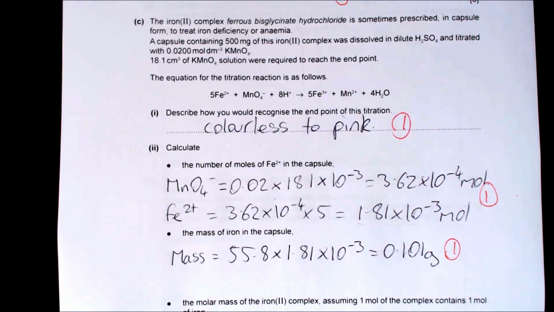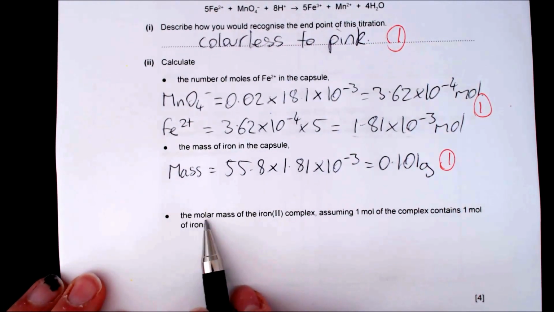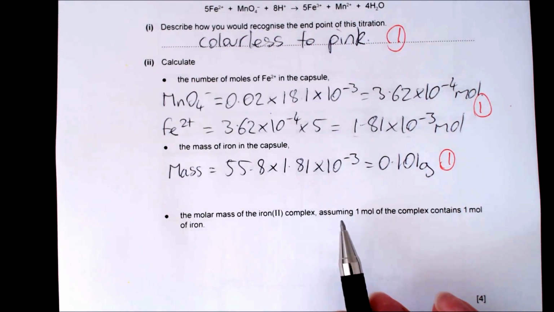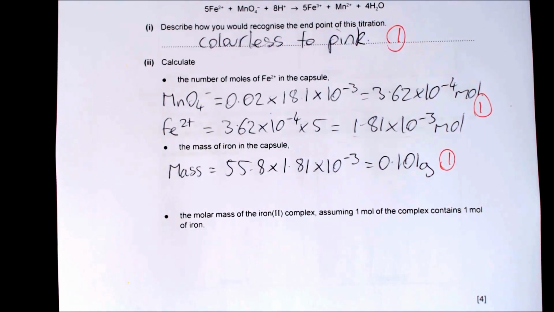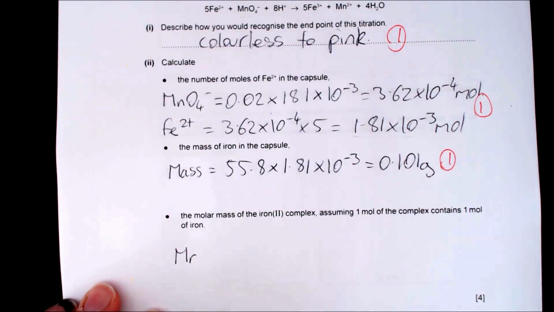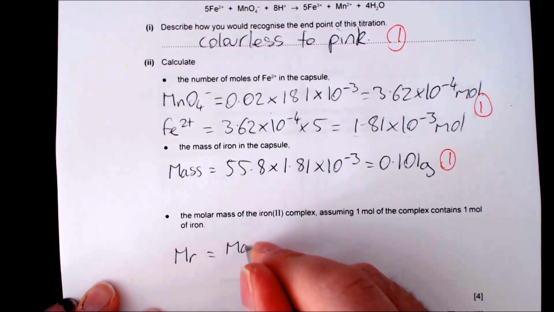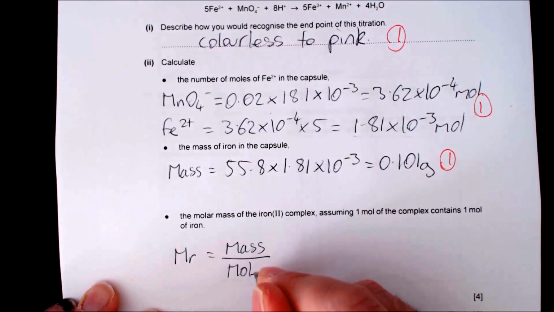Right, and then the final step, what they want you to do, let's just nudge that up. Okay, it says the molar mass of the iron 2 complex, assuming 1 mole of the complex contains 1 mole of iron. Right, so the MR, this is the molar mass or the molecular mass, is effectively the mass in grams divided by moles.